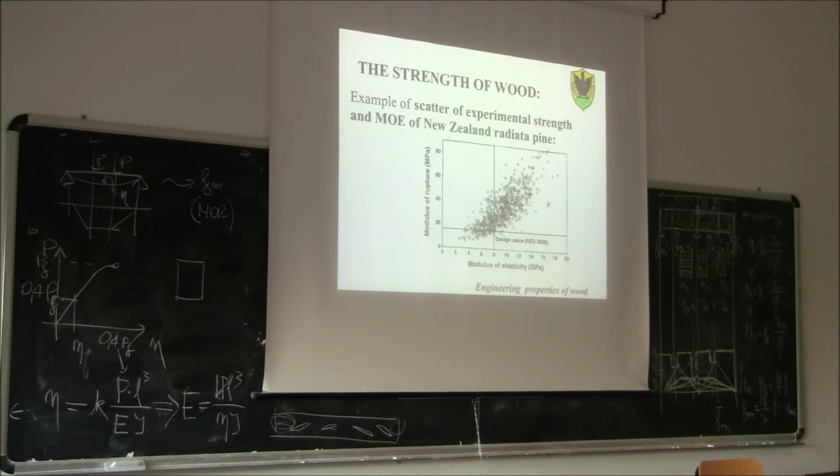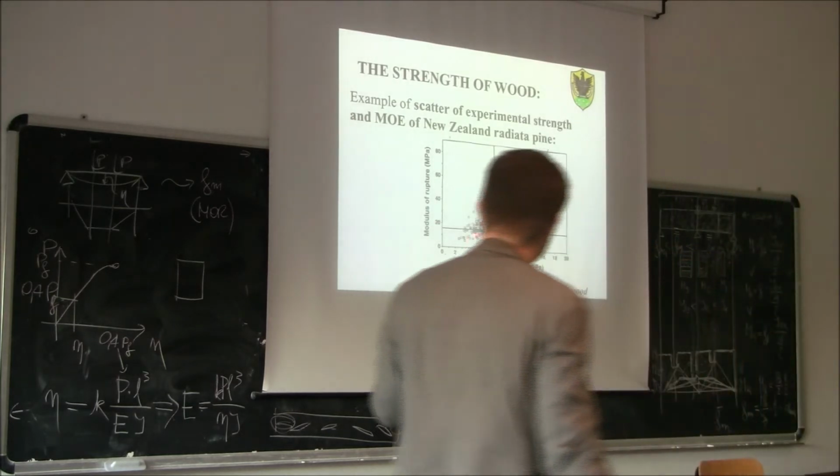Well, if you have a look, you see there is one specimen having a modulus of elasticity of 3 gigapascal. Just for your recollection, we are talking about gigapascal here, so concrete would have 30 gigapascal. In this case, this timber specimen will have 3 gigapascal of modulus of elasticity and, let's say, 8 megapascal of bending strength.